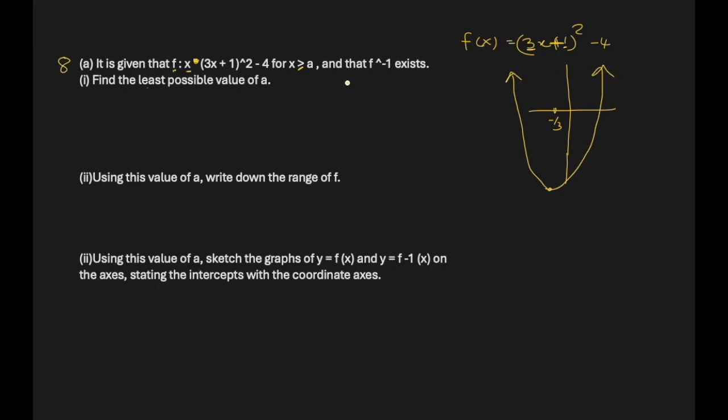Okay, but they have given a sentence that x is greater than a such that the inverse of f exists. In this case, inverse does not exist because if I draw a horizontal line, it crosses at two places. If I find its inverse, that will cross vertically at two places, which is not a requirement for a function. So what should I do? I should erase half of this so that x is greater than some number.